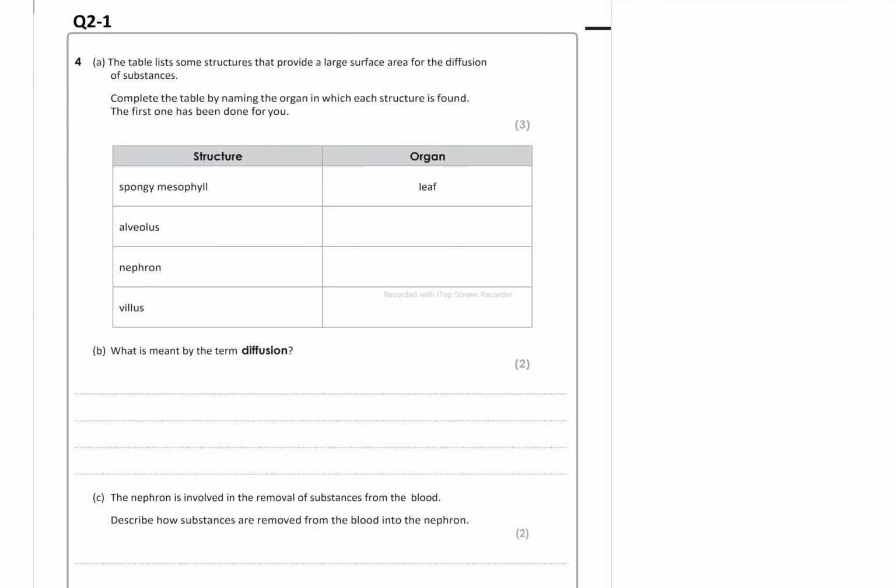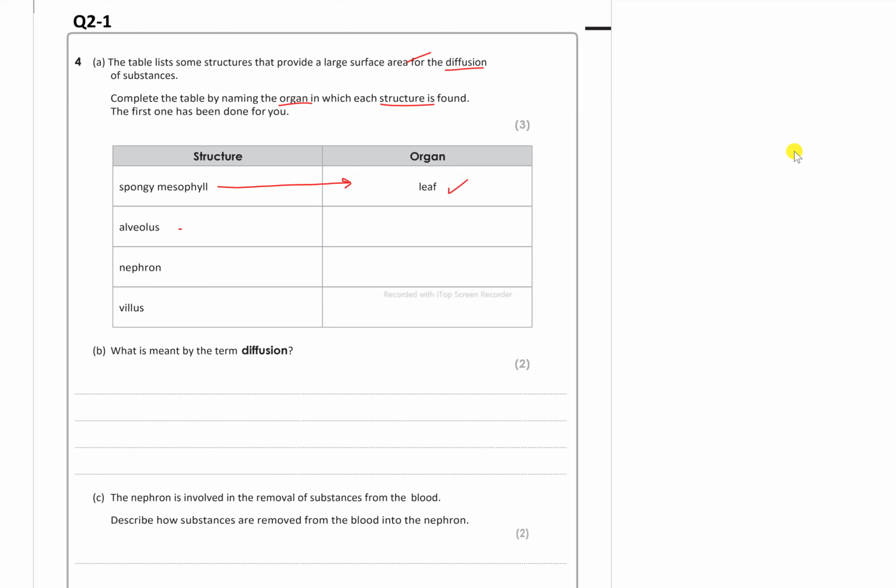The table lists some structures to provide a large surface area for the diffusion of substances. Complete the table by naming the organ in which each structure is found. So the spongy mesophyll is in the leaf.